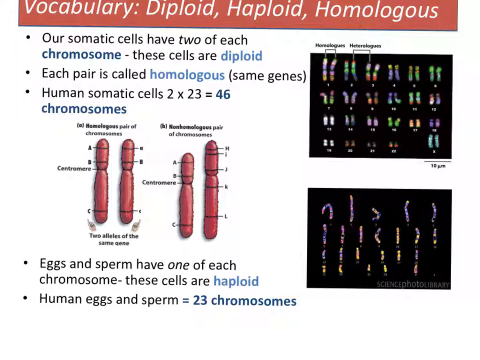Okay, so I mentioned we had 23 homologous pairs of chromosomes. Homologous means same. Locus means genes at specific spots on the chromosome. Those genes are in the same place on each chromosome. You inherit one chromosome from mom, one chromosome from dad.